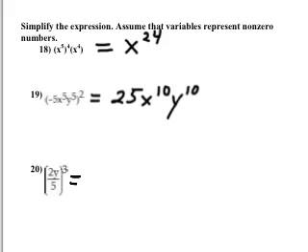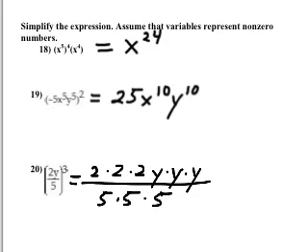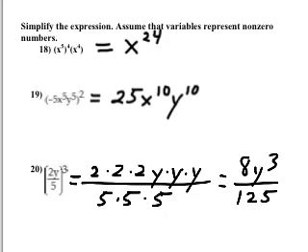So we've got 2 times 2 times 2, y times y times y, over 5 times 5 times 5. And that was 8y to the third over 5 times 5 is 25 times 5 is 125. Okay, so we could do it that way.